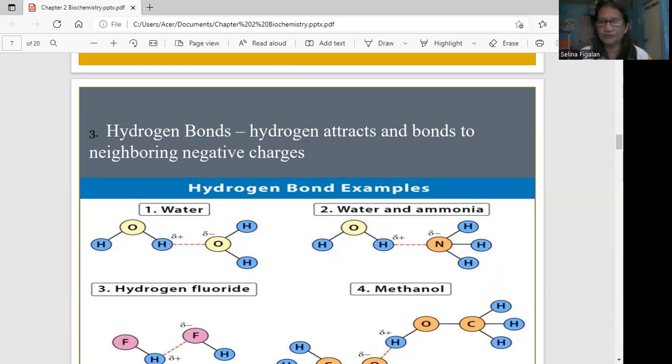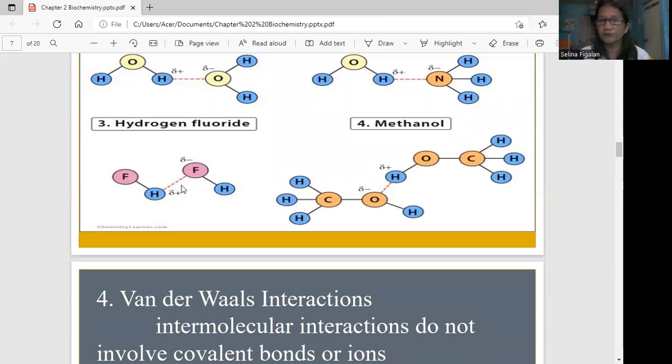Okay, how about when you say hydrogen fluoride? Ito yun siya. Composed of fluorine and then hydrogen. While your methanol, made up of hydrogen also. Okay, so isinama yung hydrogen bonds kasi not all with hydrogen are under ng covalent bonds. Kaya meron talaga siyang sariling bond. And that is what we call the hydrogen bonds.